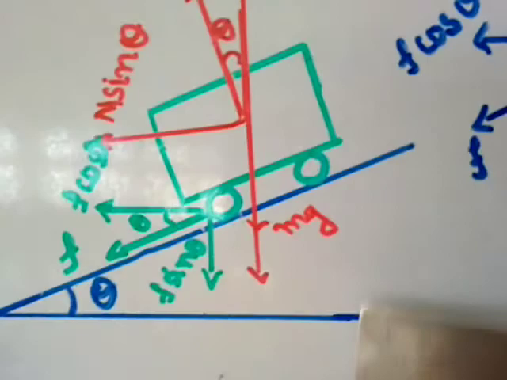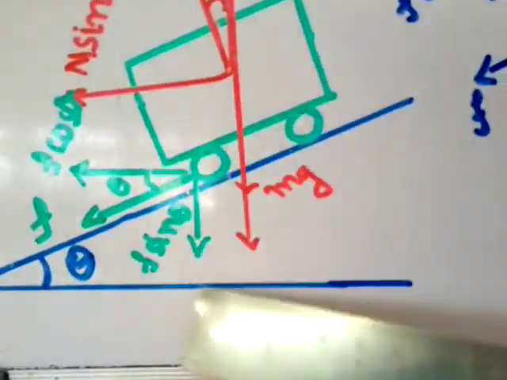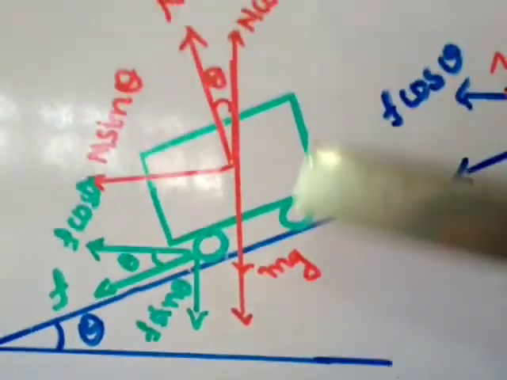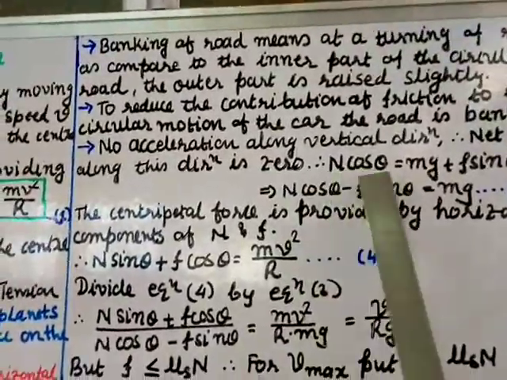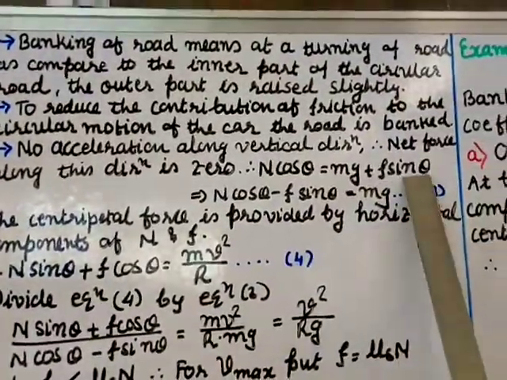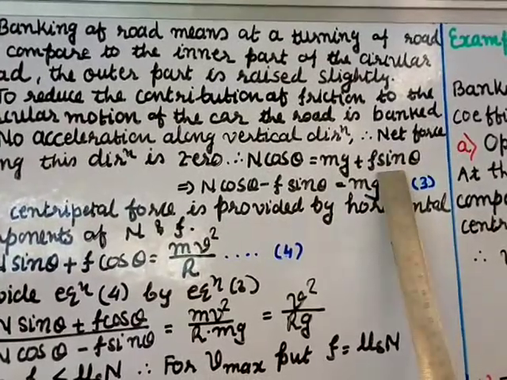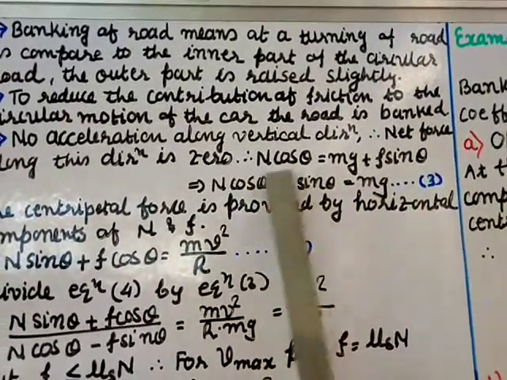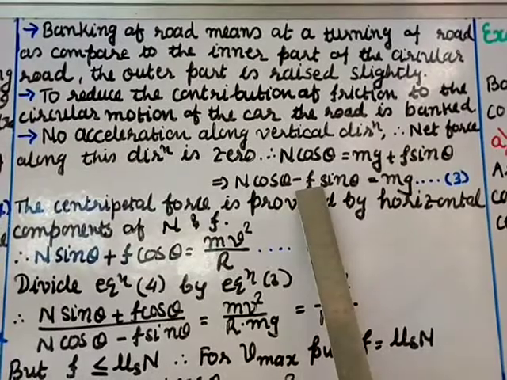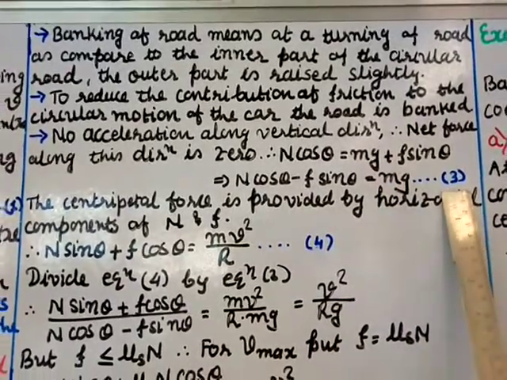In this figure we can see this mg and this F sin theta combined together, and this is N cos theta. So I have written here, N cos theta minus F sin theta equals mg, calling it equation number 3.